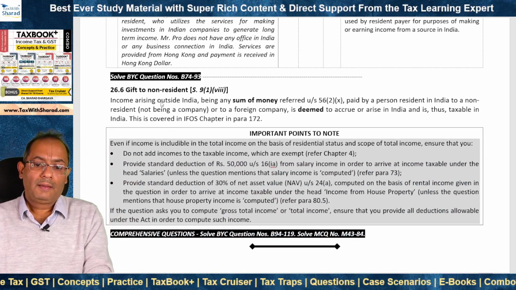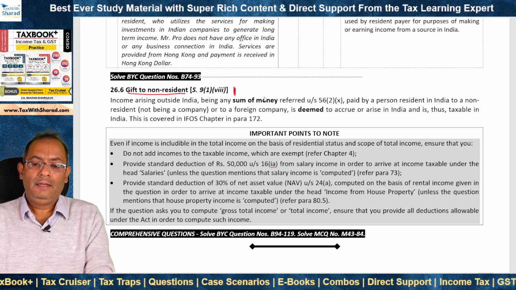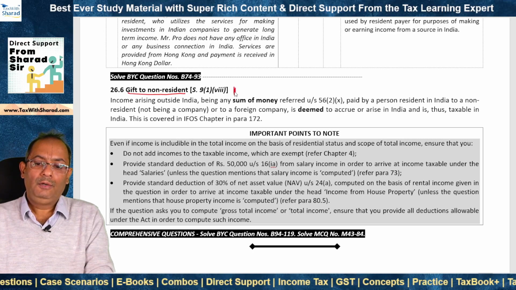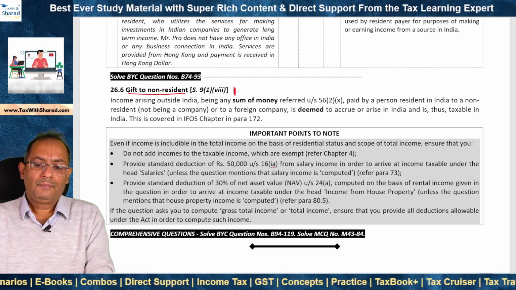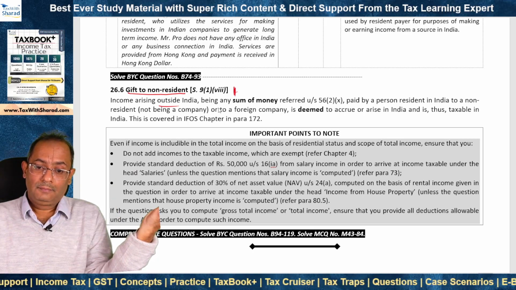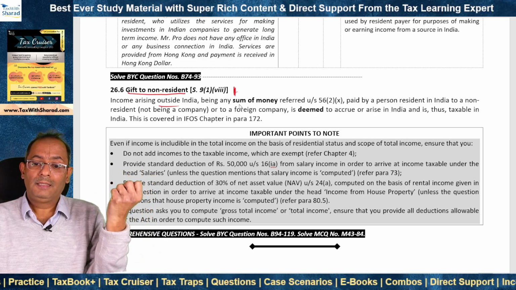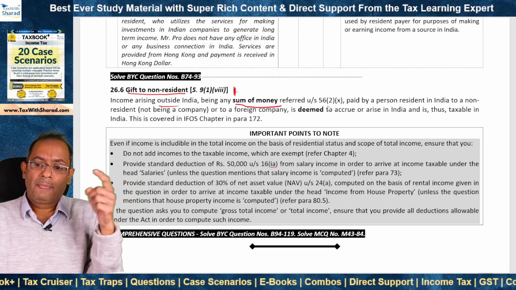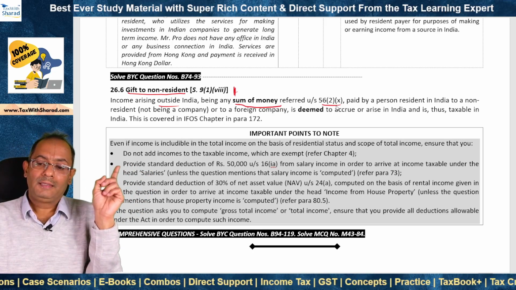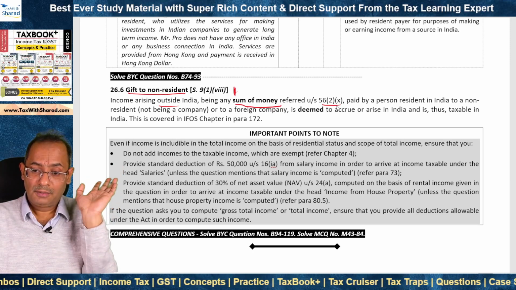Lastly, gifts to non-residents are also deemed to accrue or arise in India and therefore taxable in the hands of a non-resident. And this is section 9(1)(viii). So even if the income is arising outside India, because it is in the nature of a sum of money which is referred to under section 56(2)(x). What is 56(2)(x)? We will study in detail when we talk about the chapter on income from other sources relating to gifts.